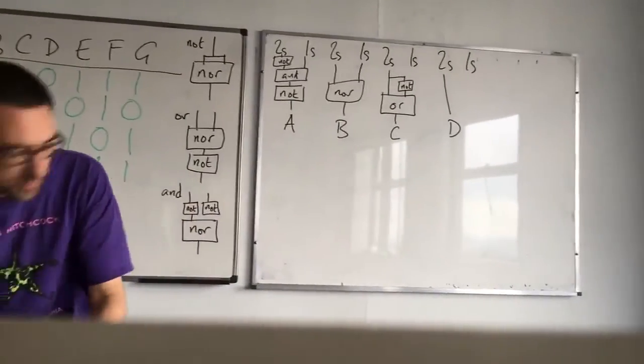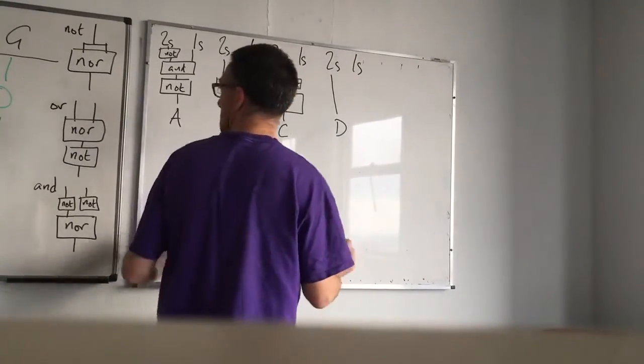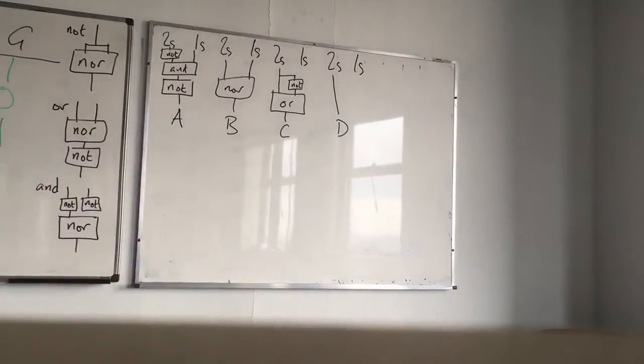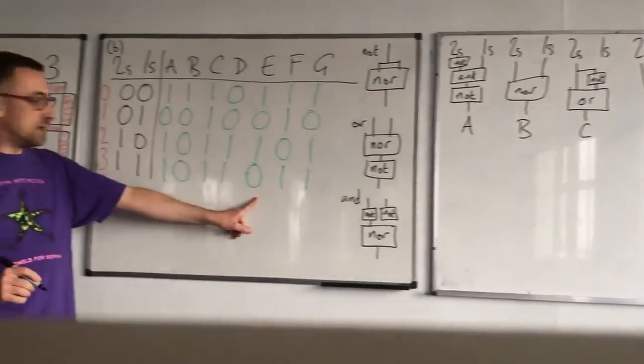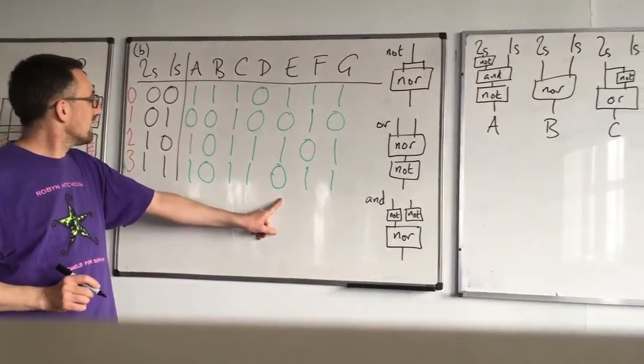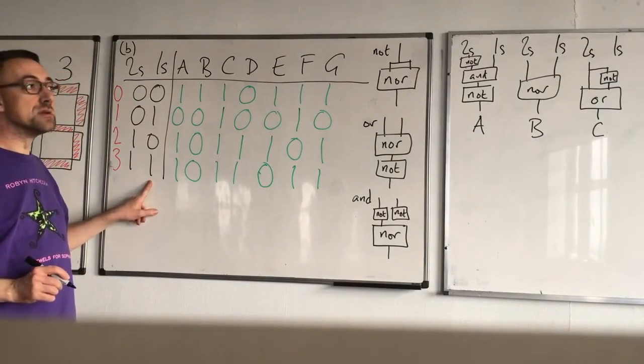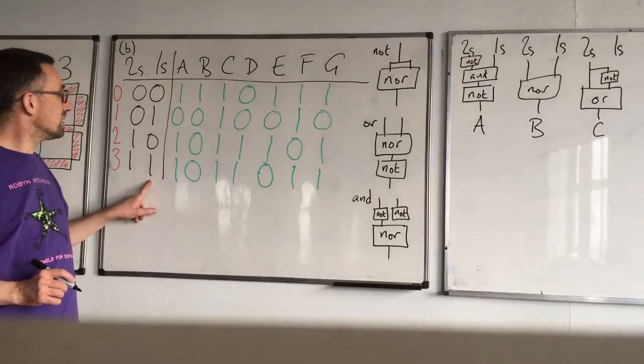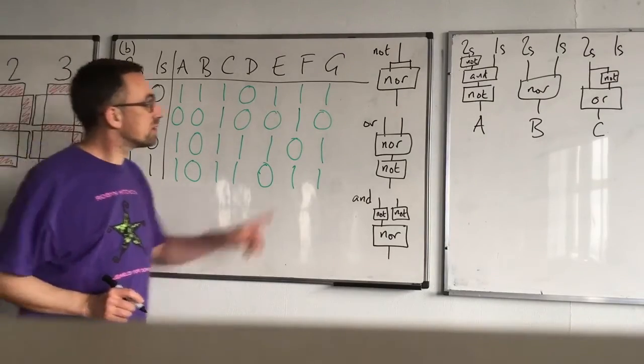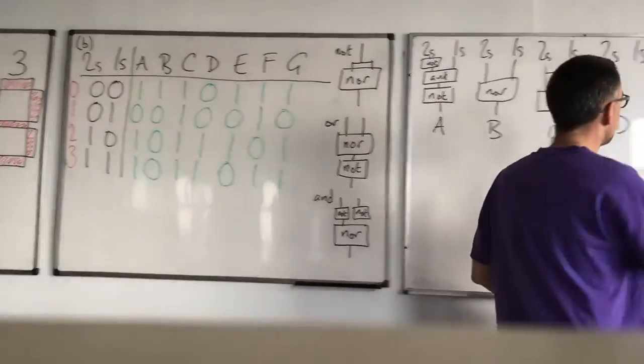Moving on to E, here we can see that E is always exactly the logical negation of 1's. So we can build the circuit for E with NOT.